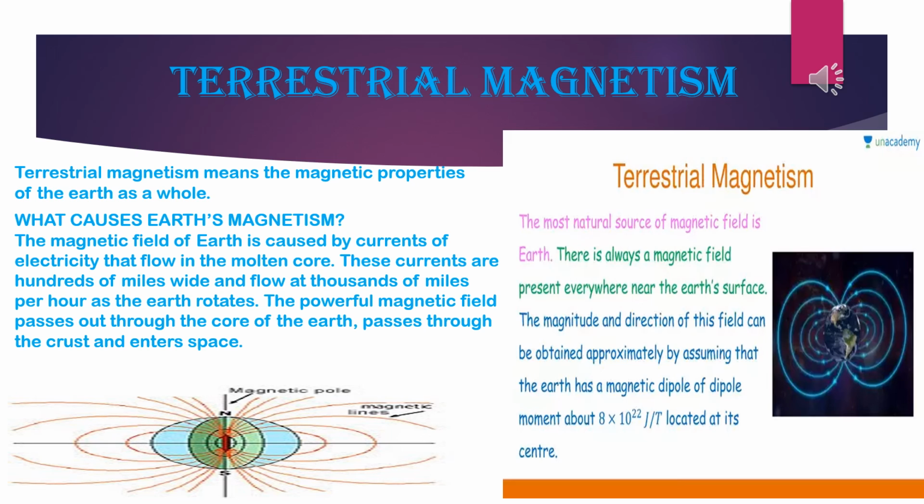The south pole of the imaginary magnet lies towards Earth's magnetic north pole and its axis is along Earth's magnetic axis. So that means you can conclude that Earth itself is a huge magnet. And from this, the concept of terrestrial magnetism comes.